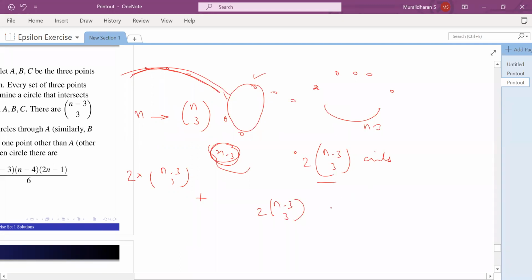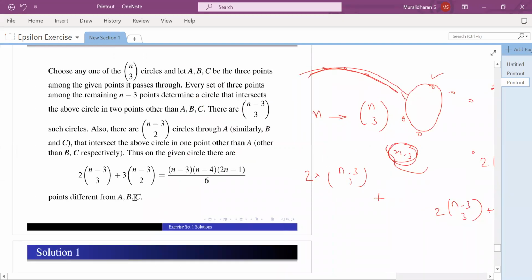I can also take 2 of these n minus 3 points and add a point, and take this circle, and this circle will intersect the earlier circle already in A, and then one more new point. So this will intersect in n minus 3 C2 points. Since I have n minus 3 C2 and I can take either A, B, or C, I have 3 times n minus 3 C2 new points of intersection, different from A, B, and C.